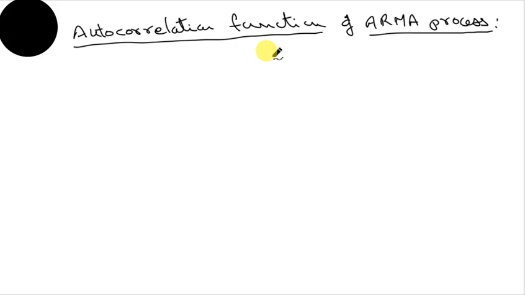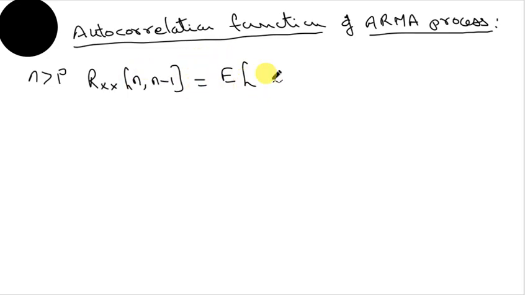This assumption we have been keeping right from the beginning. Now let us assume that n is greater than p. Then my rxx of n comma n minus 1 is nothing but expectation of x of n into x of n minus 1. Try evaluating this.